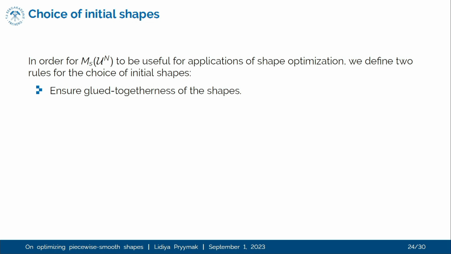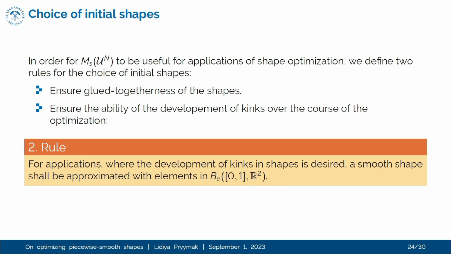And the second rule, and this is what I mentioned before, is that for applications where the development of kinks in shapes is desired, then whenever we have an initial smooth shape, for example a circle, we approximate it with elements in the shape space of open curves.